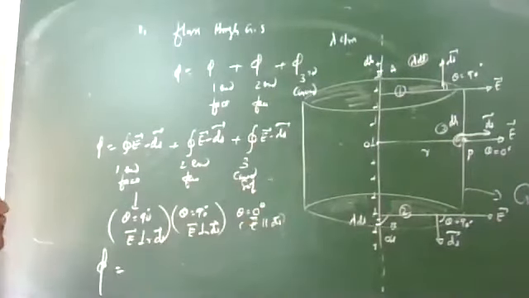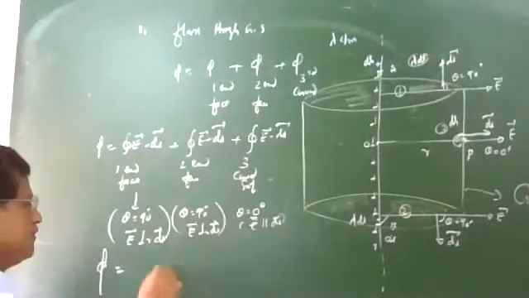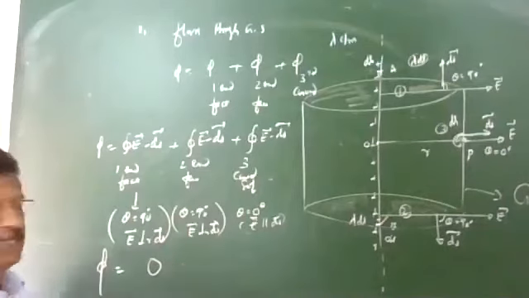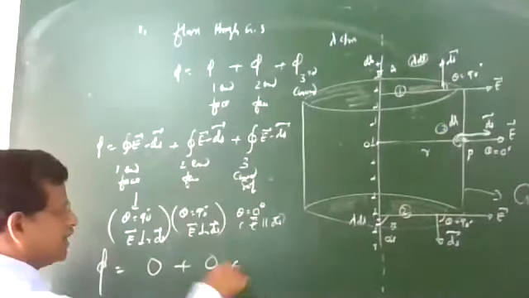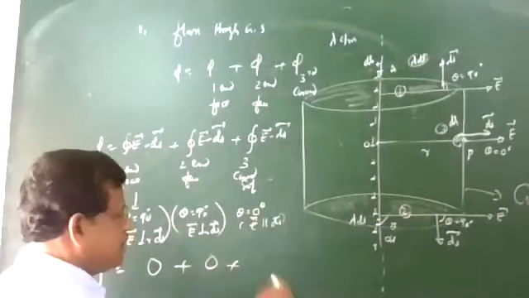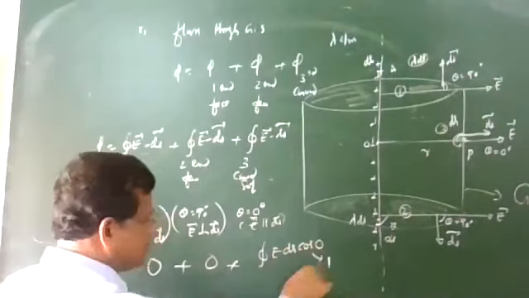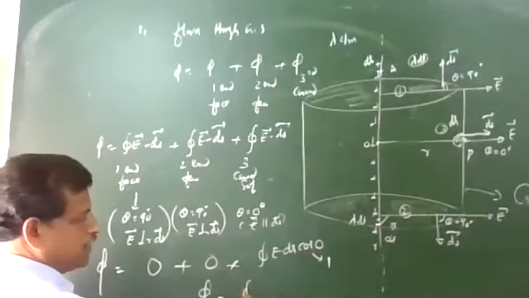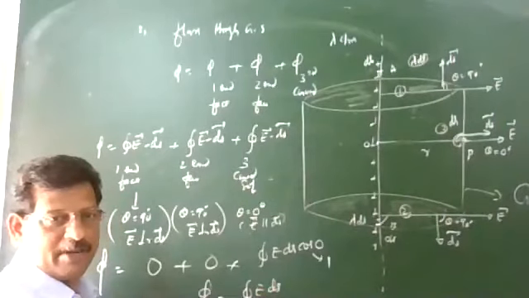What is the flux? E ds cos 90. So the first end face has no flux, the second end face has no flux. And the third one: closed integral E ds cos 0, that is 1. So phi is equal to closed integral E ds. E can be taken outside.